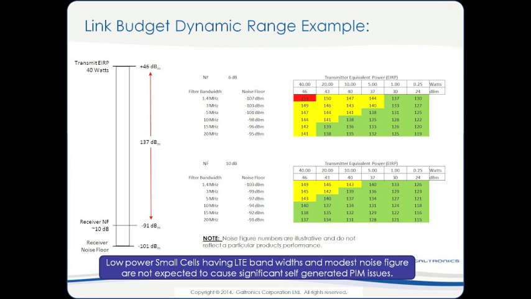So again, caveat at the bottom, the noise figure numbers here are just illustrative and they don't reflect a particular product's performance. We're just trying to show the relationship between noise floor, filter bandwidth, and noise figure. Since we're using low power radios for small cells, we don't expect self-generated PIM to be an issue, provided the components used meet the minus 150 dBc requirement.